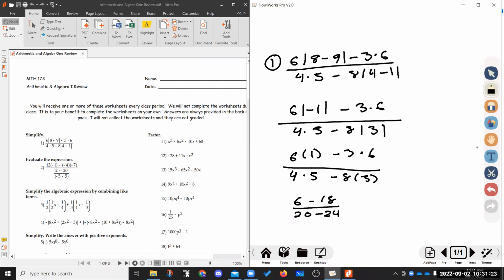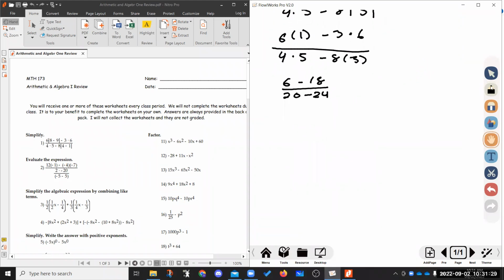Now we are going to do our addition and subtraction. And last, we're going to simplify our fraction. That will be our final answer.